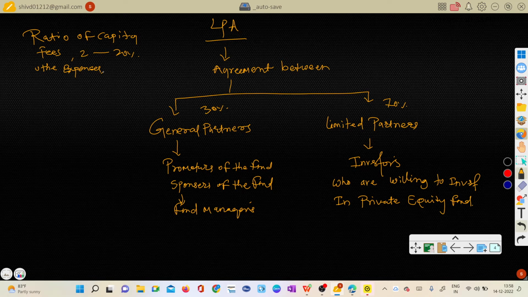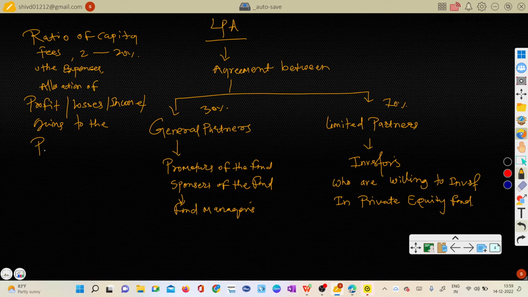So it means ratio, fees, and the important one is allocation of profit, losses, income, and gains to the partner's account.